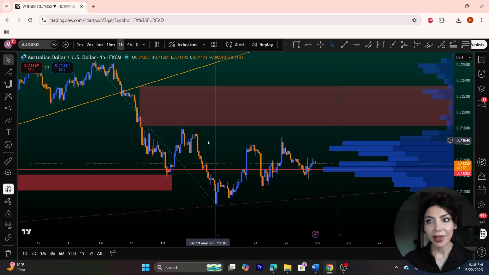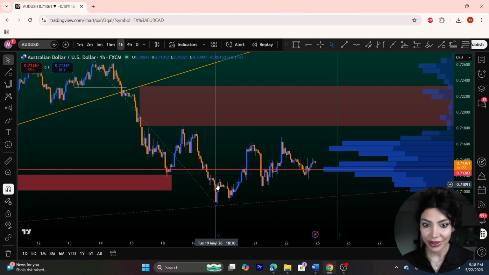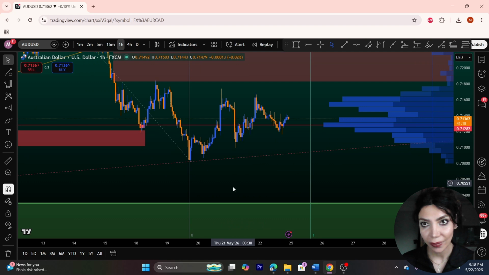And the reaction from that level started to confirm the idea almost immediately. Since then, price has continued moving in line with the bearish bias, and it's now progressing toward my take profit target, which is somewhere in this green area.